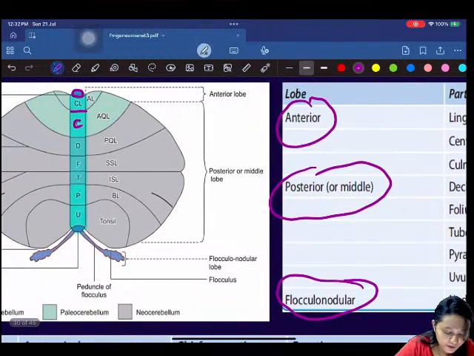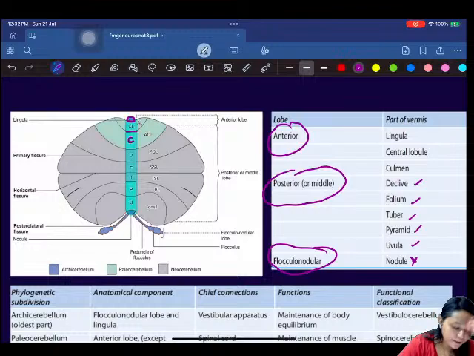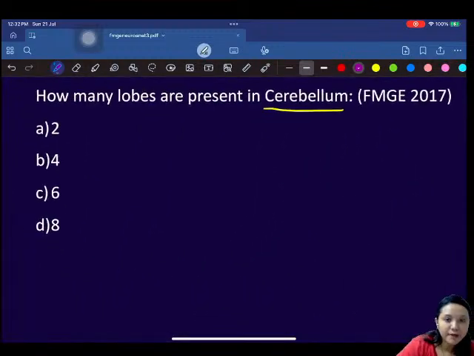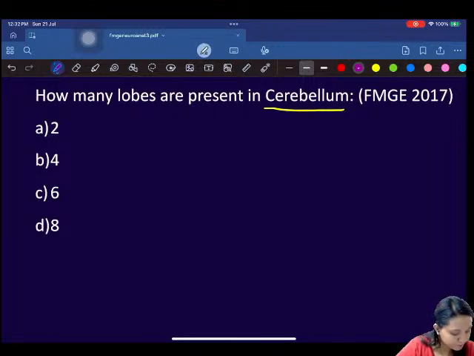Now the question was, how many lobes do you have in the cerebellum? Now I want a correct answer. They have given 2, 4, 6, 8. What is the correct answer? Just now we have studied.